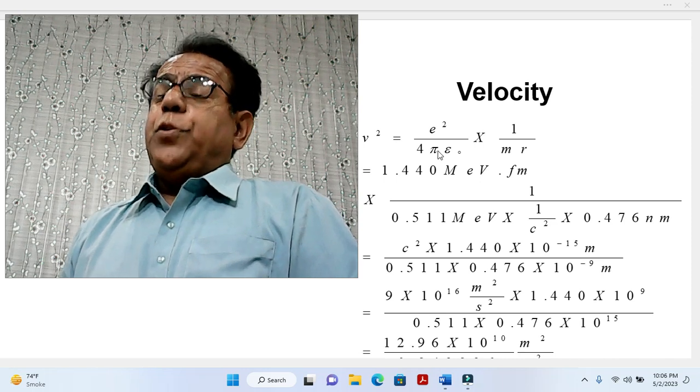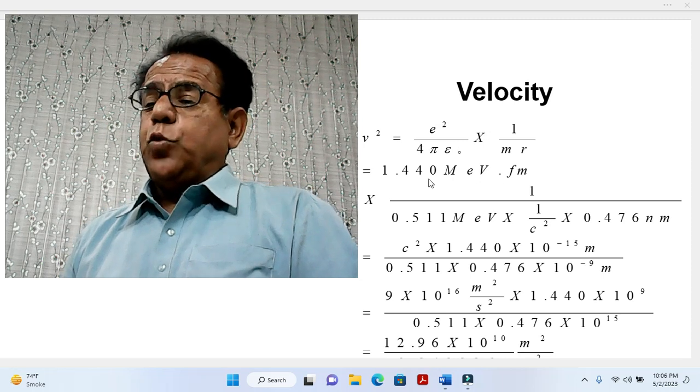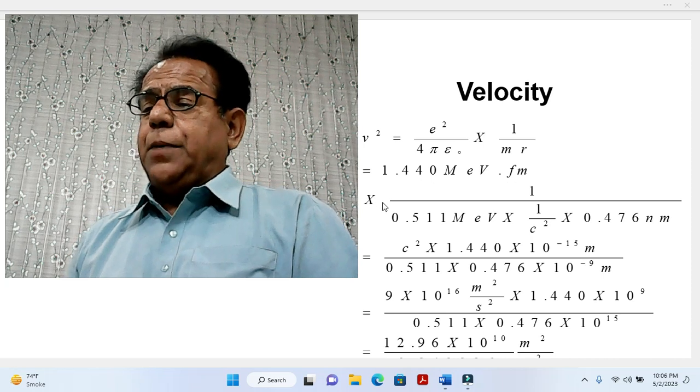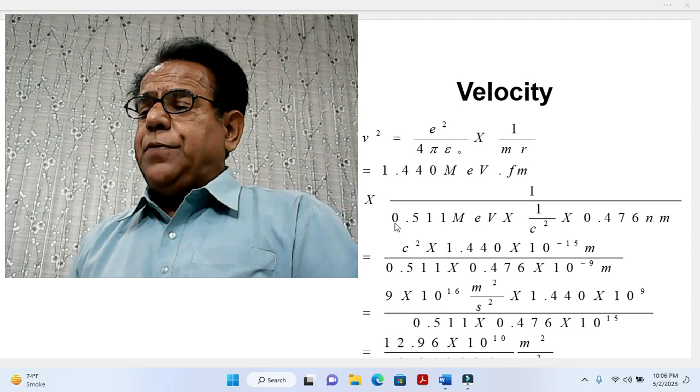So now we know that the value of this combined constant is 1.440 million electron volt femtometer, multiplied by, in place of 1 over mr, we will use this value.